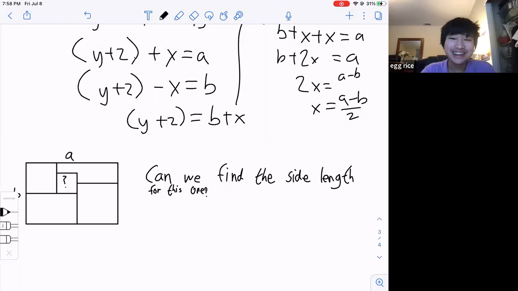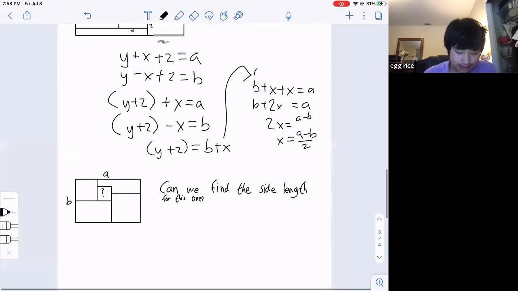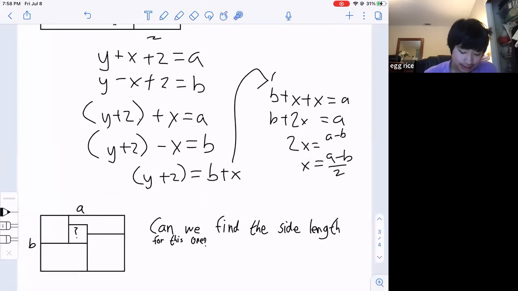Okay, so basically we cannot figure it out because we cannot find this information right here, y minus x plus z.